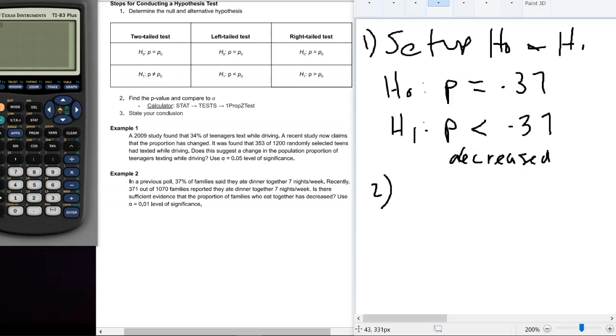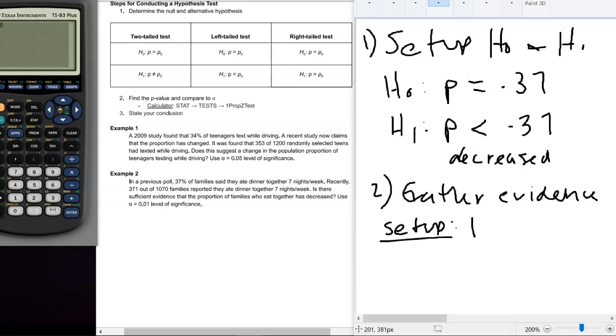So step 2, gather evidence. To gather evidence, the setup in this class is to find the p-value, and that's going to be 1 prop z test. Notice how prop stands for proportion, which is the parameter here.